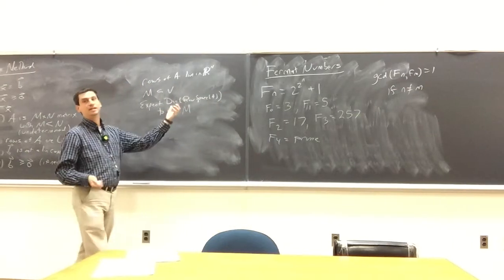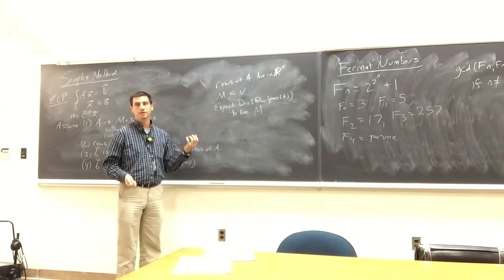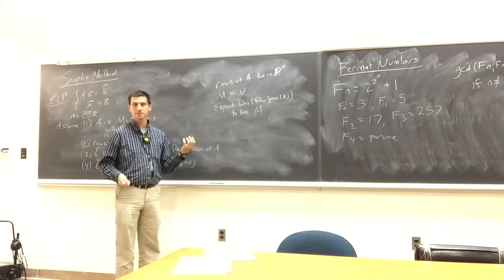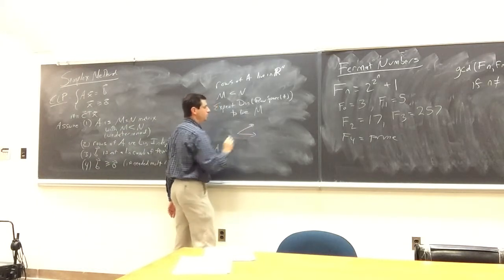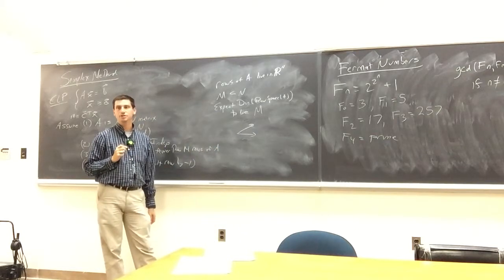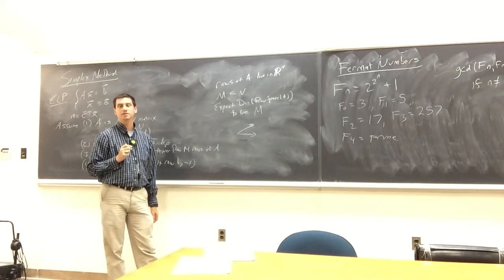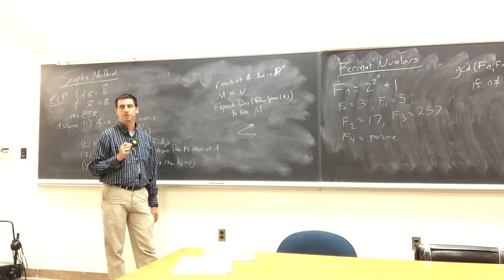It's very unlikely that I would choose and have some kind of linear dependence. So if I choose two directions in the plane, what's the probability that I chose two directions that are linearly dependent? It's essentially 0.